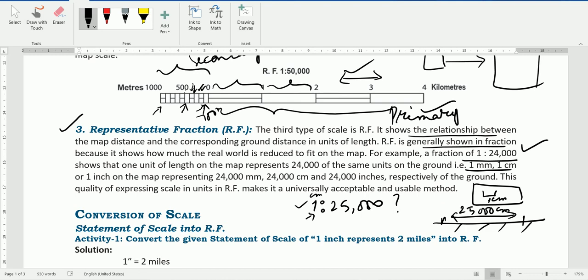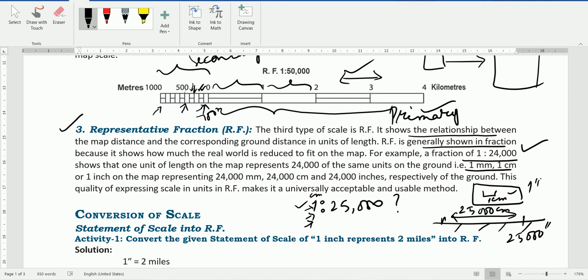If you replace it with millimeter, 1 millimeter on the map represents 25,000 millimeters on the ground. Likewise, if you are using inches, a distance of 1 inch on the map represents a distance of 25,000 inches on the ground.